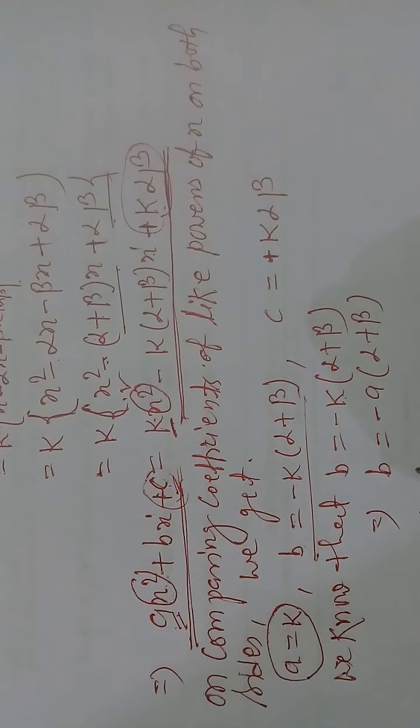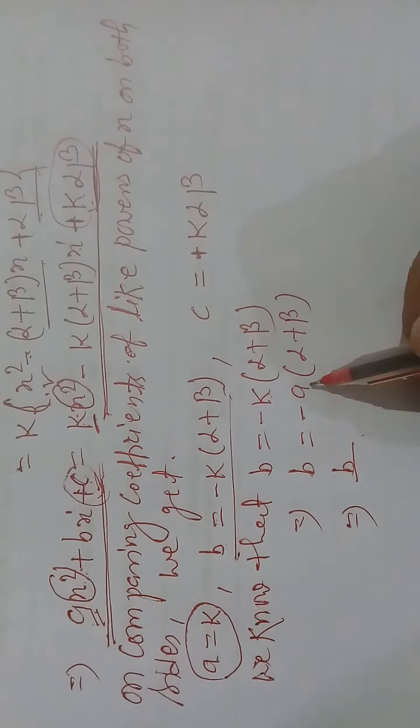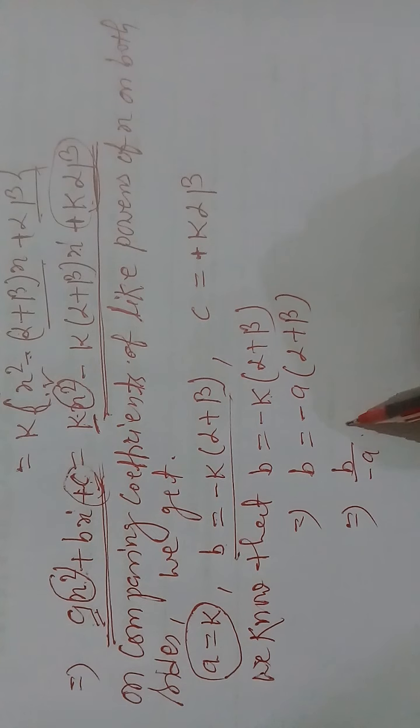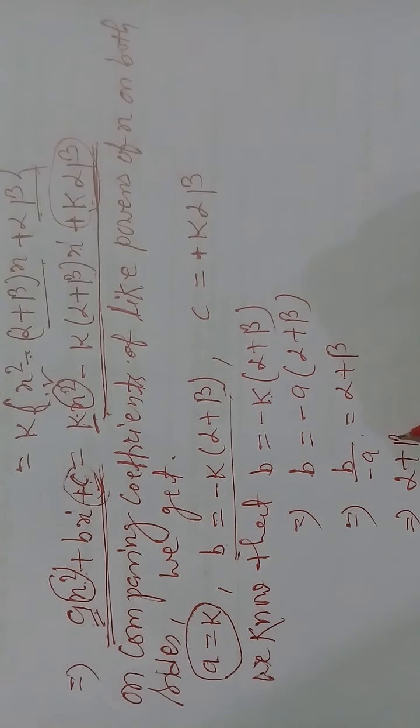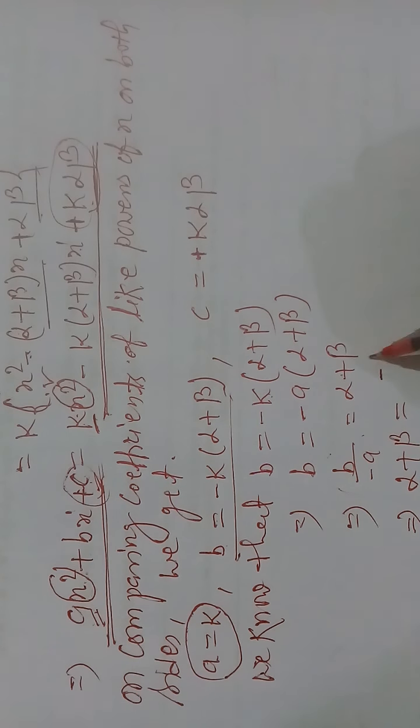Dividing by a, minus b by a is equal to alpha plus beta. Now arrange this equation: alpha plus beta is equal to minus b by a. This is the sum of the zeros.